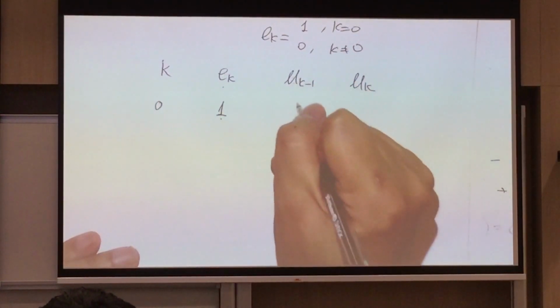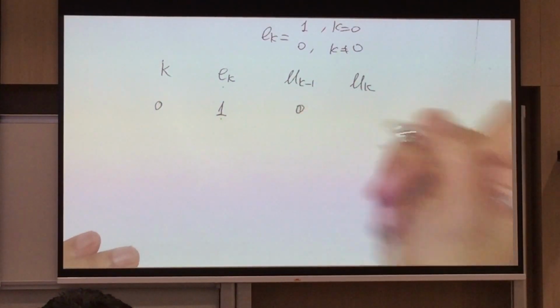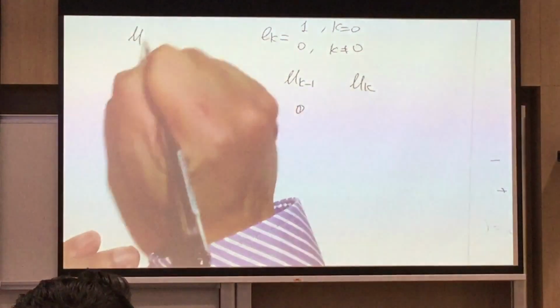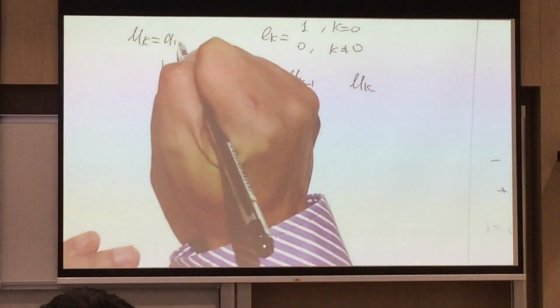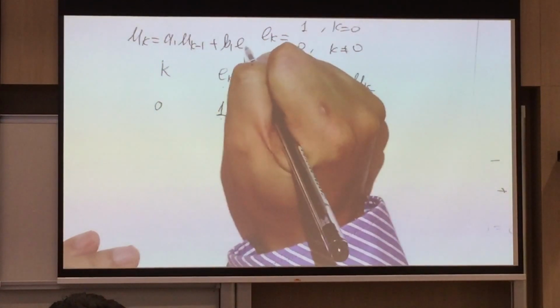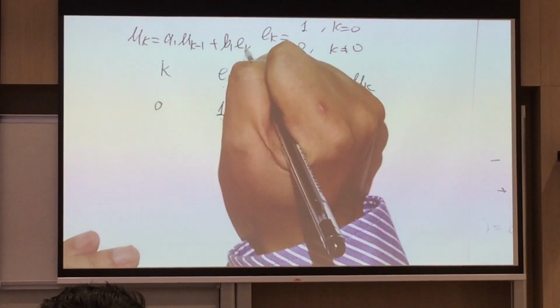So u(k-1), previously u(-1), is 0, right? Then how much is my u(k)? My u(k) is equal to a1 u(k-1) plus b1 e(k).